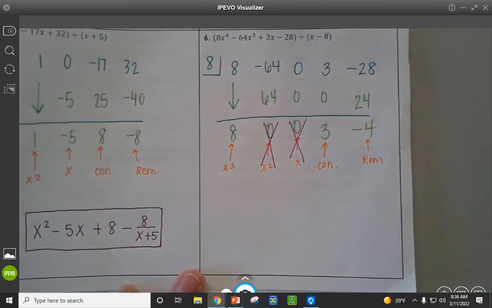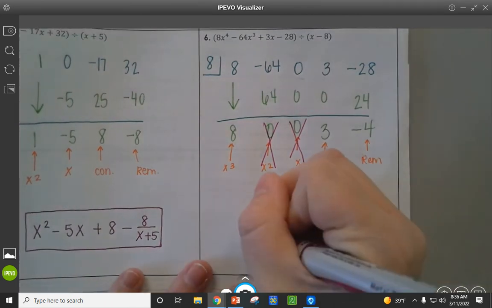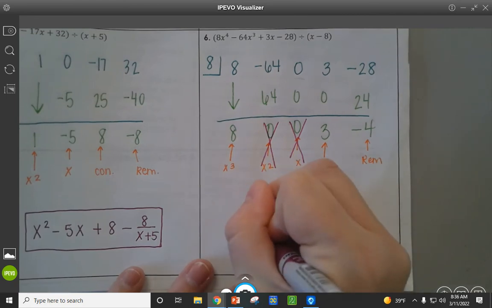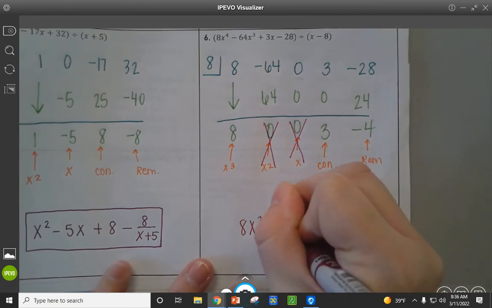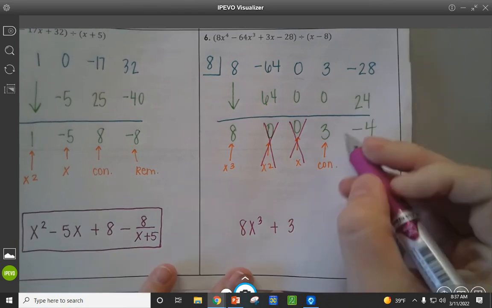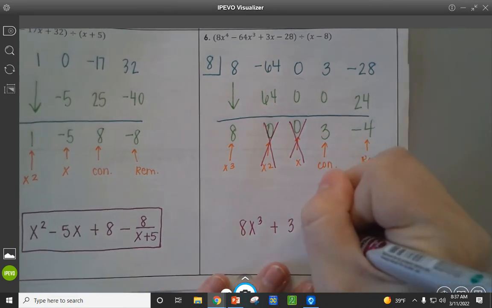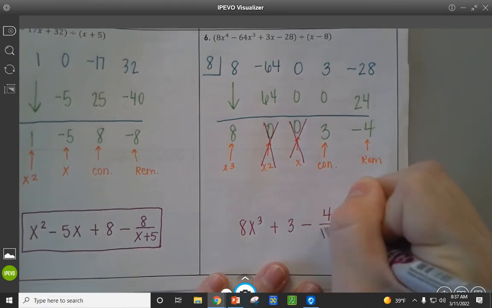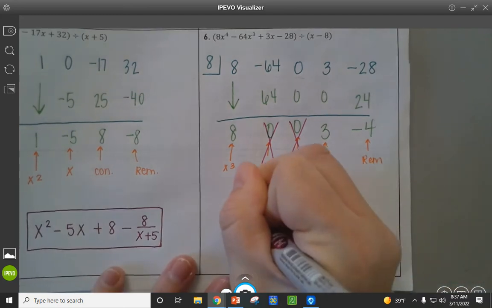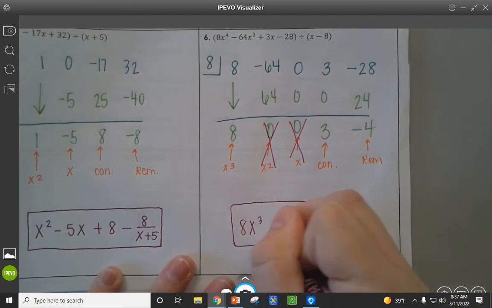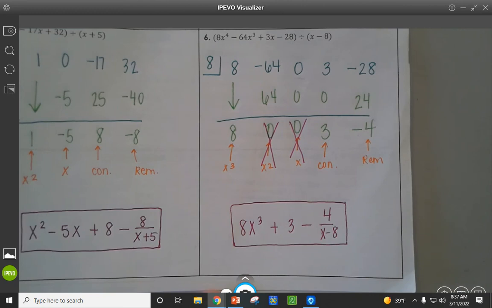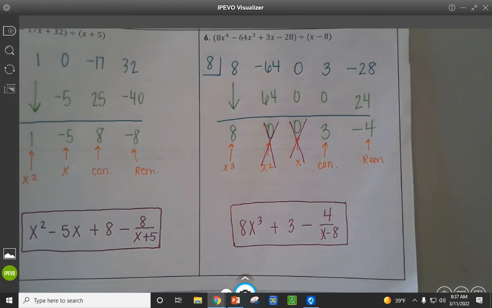So you do not need to write those. So 8x cubed plus 3, because that's just a constant, minus 4 over x minus 8. Any questions?